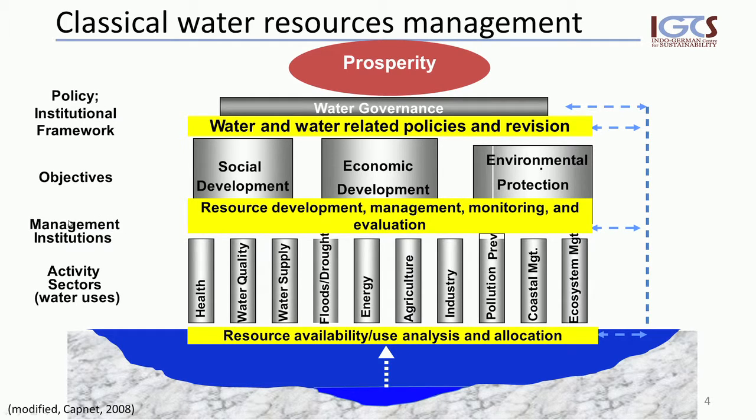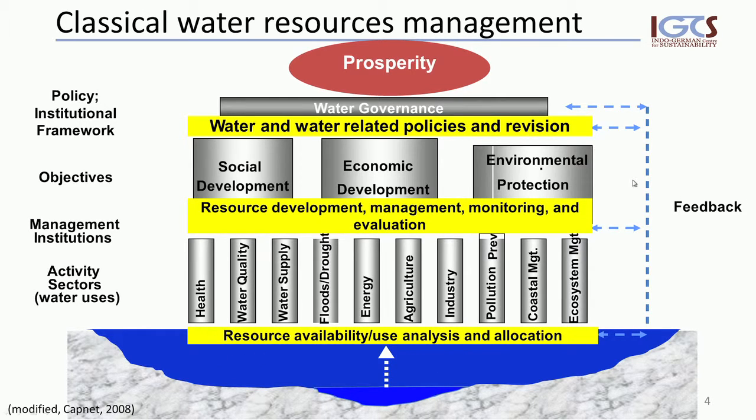And then we have various management institutions that help us achieve those sectors, targeting specific water activities and specific water users. All of those may be coordinated or they may act individually, independent from each other, all of them using one and the same pool of resources.